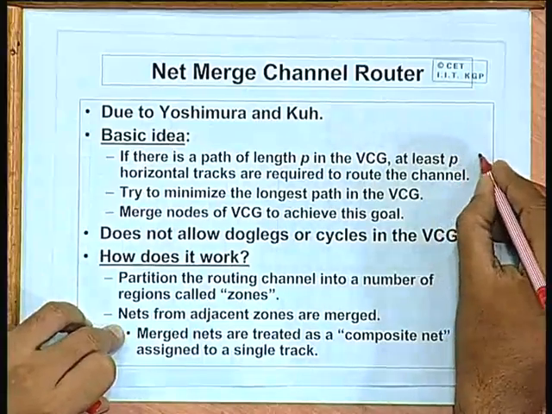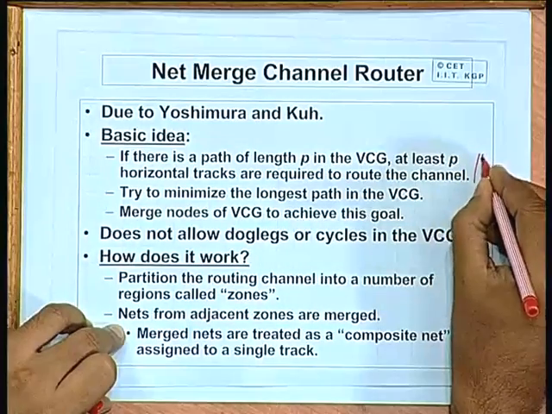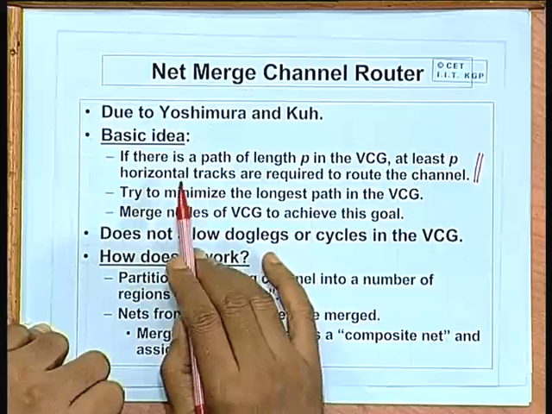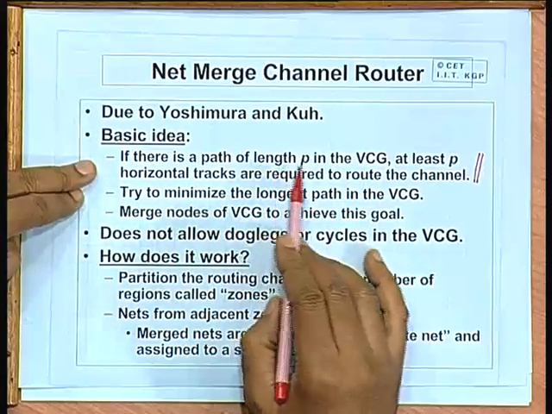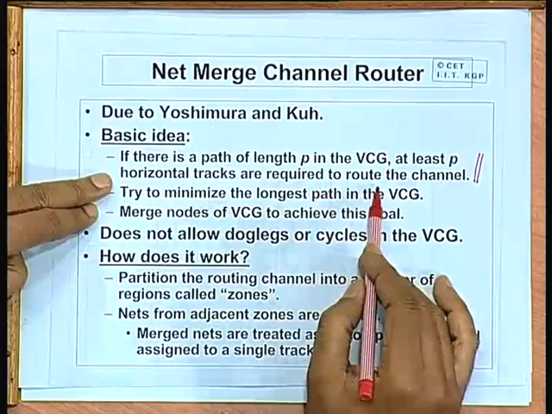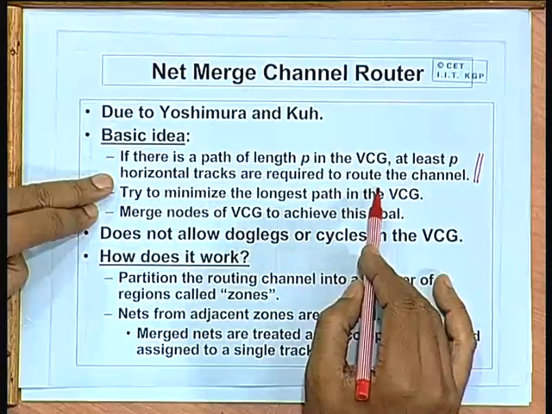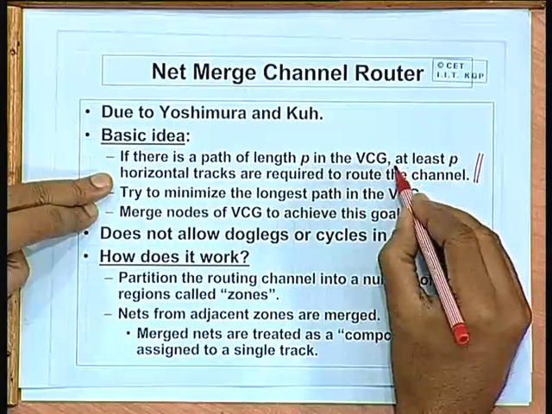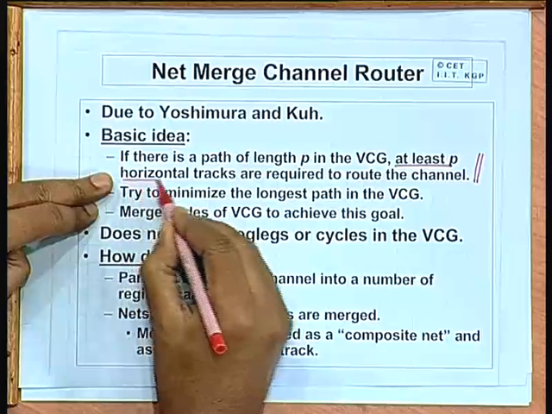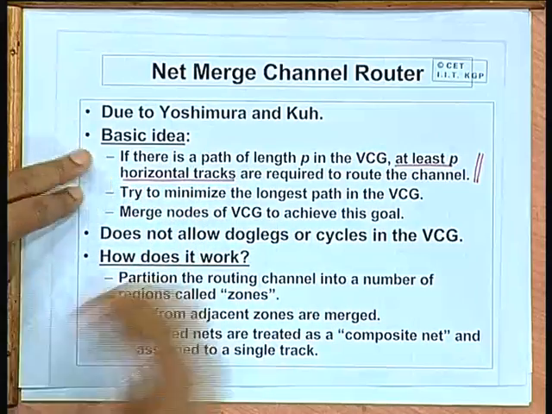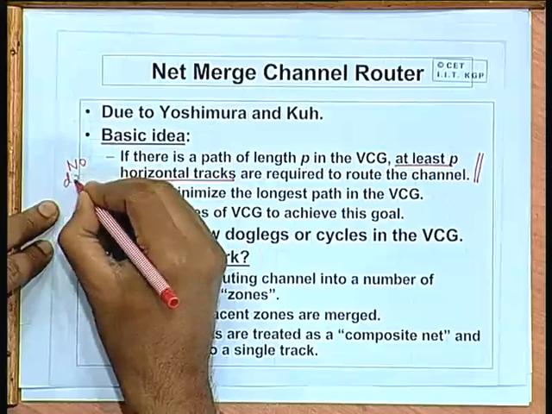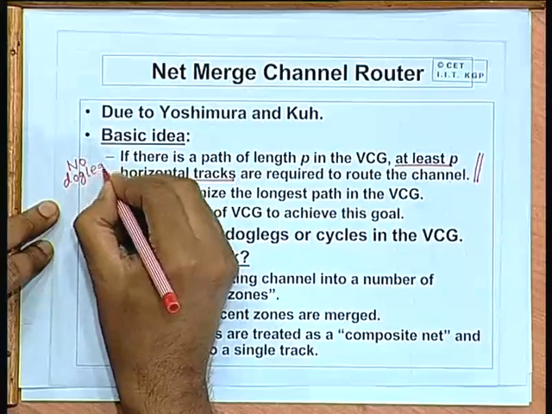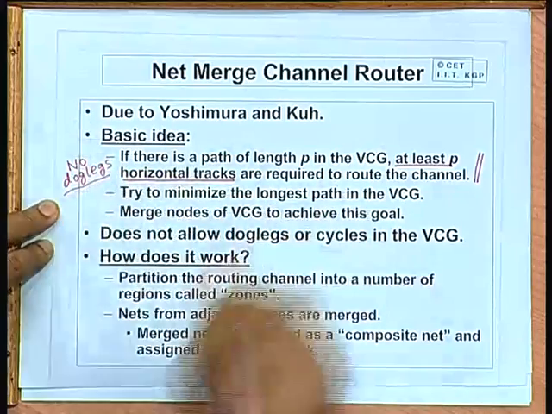Now, this starts from the premise which I mentioned some time back, that if there is a directed path in the VCG of length p, then in any solution where you are not using dogleg, you will need at least p number of tracks. This of course is provided you are not allowing doglegs, but if you allow doglegs it can be less.